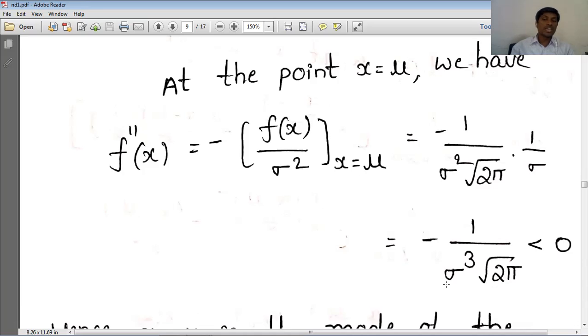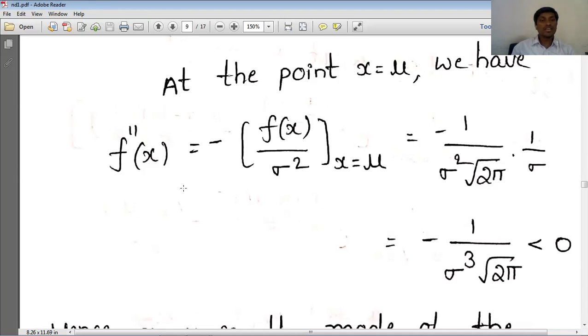So if you take any value in place of sigma, sigma is nothing but the standard deviation, and standard deviation always must be greater than 0. So if you substitute any value in place of sigma, we'll get a negative value. It means the entire expression will be negative, so symbolically we write it as less than 0.